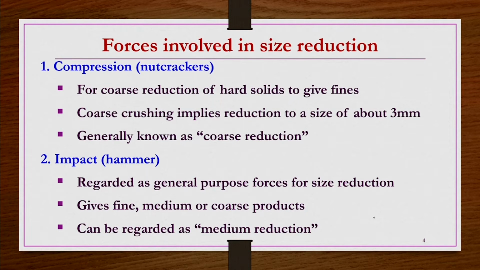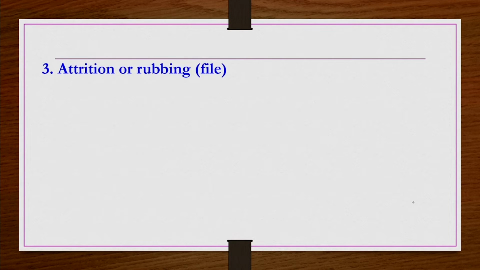So that is the reason this impact or hammering is also known as medium reduction, though it will also produce coarse and fines, but the majority of the fraction would be of medium size. The third type of force that is involved in size reduction is attrition or rubbing.